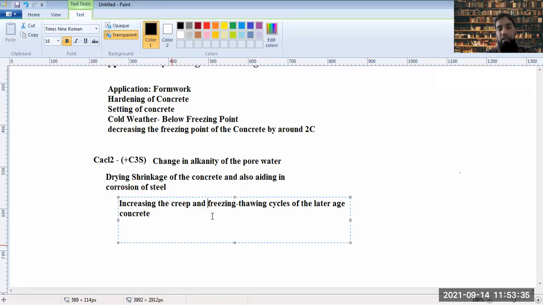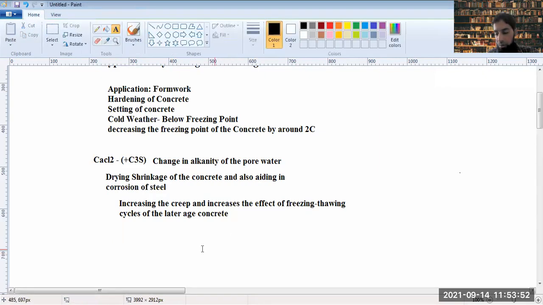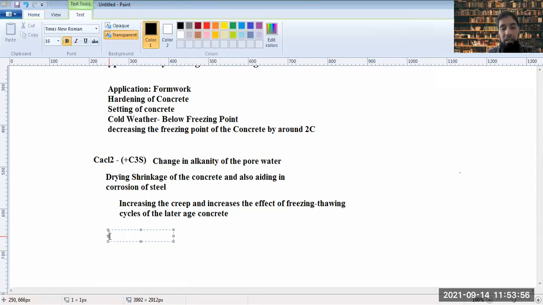And it also increases the effect of freezing thawing, that is, first it froze, then it defreezes, then again freezing and thawing. These cycles have an effect on concrete, and deterioration of concrete happens because of these cycles, and it's increasing that effect.